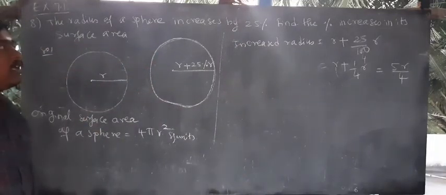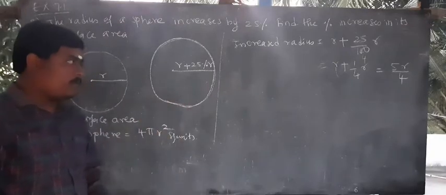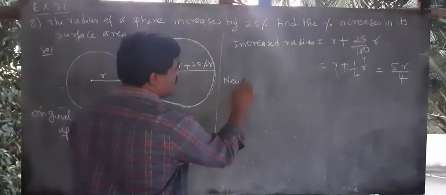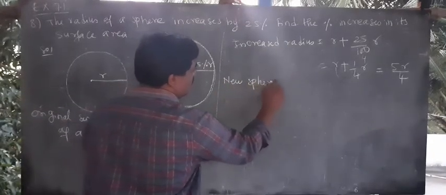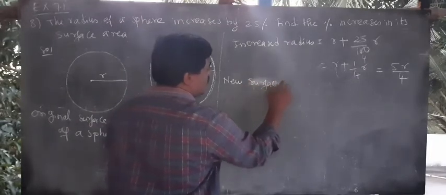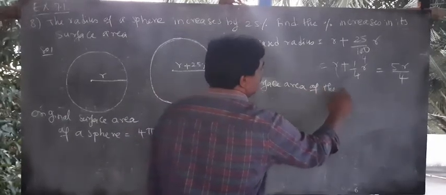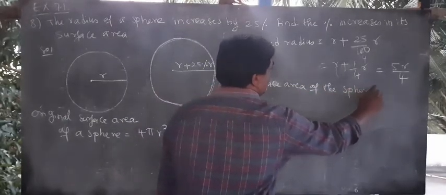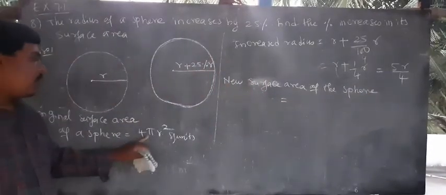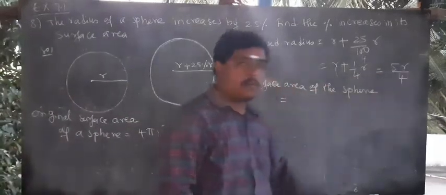We need to find the surface area. What is the increased surface area for this sphere? The new surface area of the sphere equals, in the formula, 4 pi r square, but here r is 5r by 4.